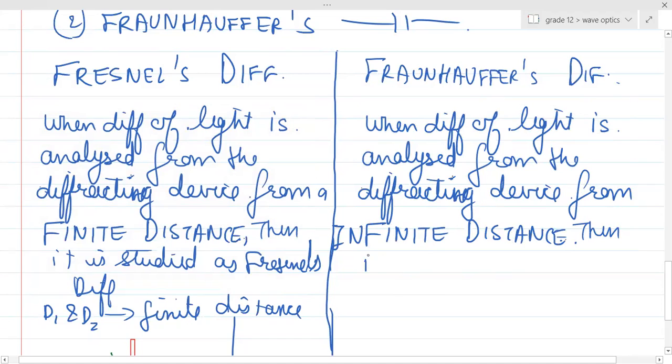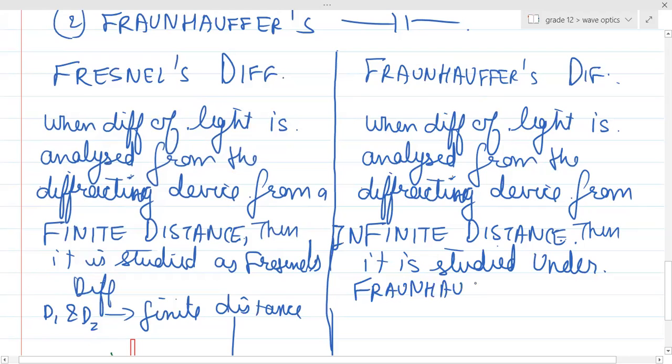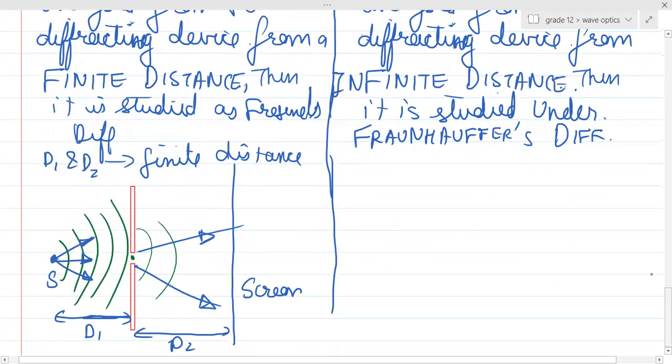Then it is studied under Fraunhofer's diffraction. You don't have Fresnel's diffraction in your 12th grade syllabus. You have Fraunhofer's diffraction, because it's comparatively simpler.